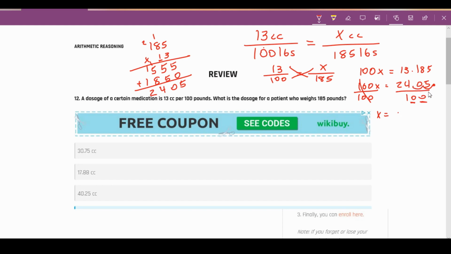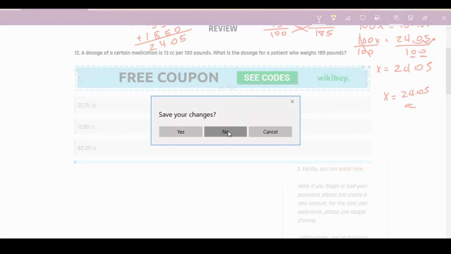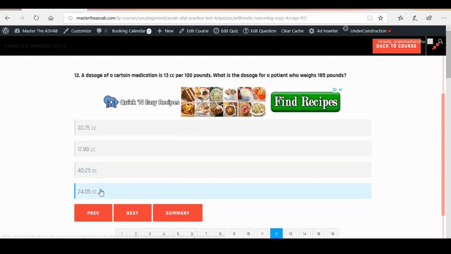So I know 2405 divided by 100 is 24.05. Therefore, the answer is 24.05 cc's. Which is right there.